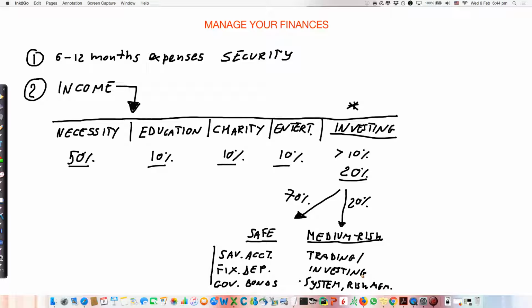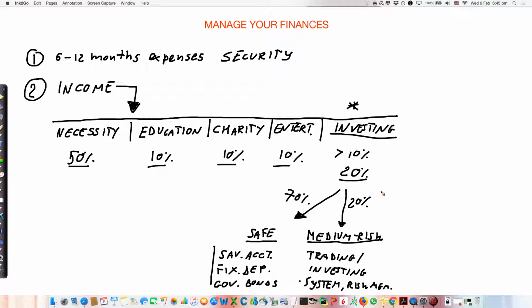Okay, so it's more risky than the first one, but it's not completely speculation, okay? So that's why I put trading and investing, where you have risk management, when you know how much you're risking, when you are quite conservative. So it's very hard for you to basically destroy your account, okay?